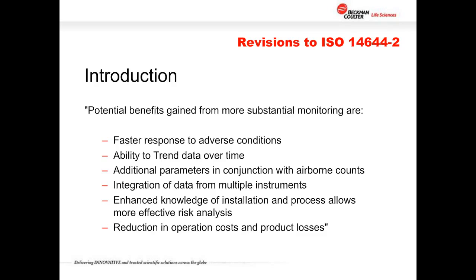We want to know that we can operate this area and carry out whatever process or procedure we intend, and we have sufficient enough quality of performance and consistency that the risk for product loss or failure or contamination in some way or another is minimized. And in many cases, we can look at that in a way to minimize operation cost and product loss by having effective control of the air around our process.